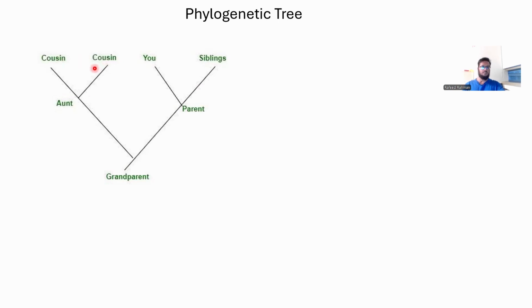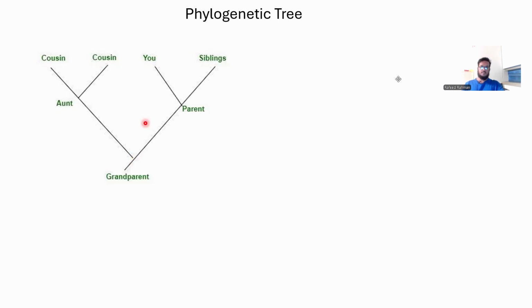And you, your siblings, and your cousins share a common ancestor, which is the grandparent, right? So that is the phylogenetic tree. It shows which leaves are closer to each other. The cousins are equally close. You and your sibling are equally close. And both the cousins are equally far away from you and your siblings because all of you come from the same ancestor, who is the grandparent.